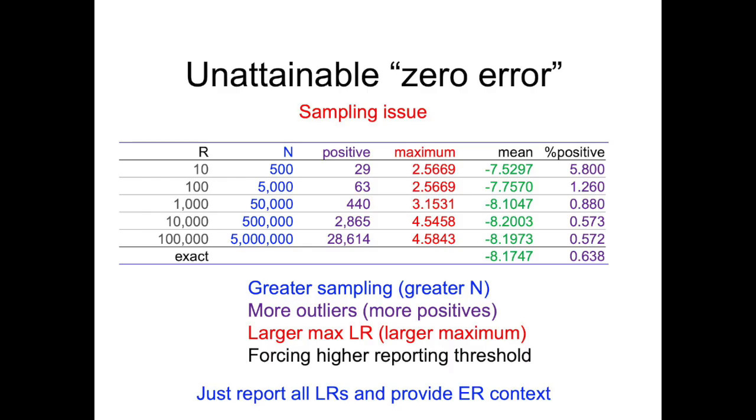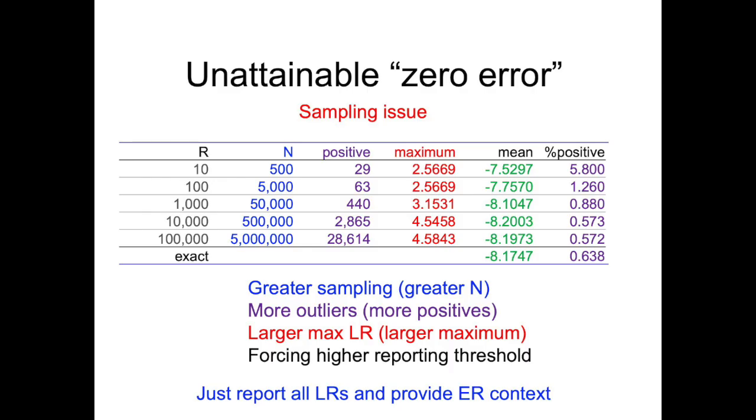If you look at the text underneath, if you have greater sampling with more comparisons, and this was done the old way, with actually making these comparisons, N keeps increasing. And as N increases, in purple, you see the number of positives increase. You're going to get more outliers, more higher match statistics as you get more positives.